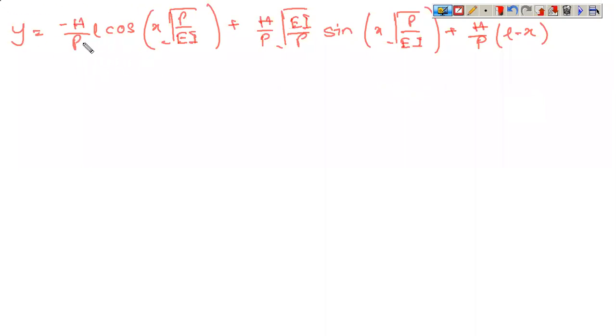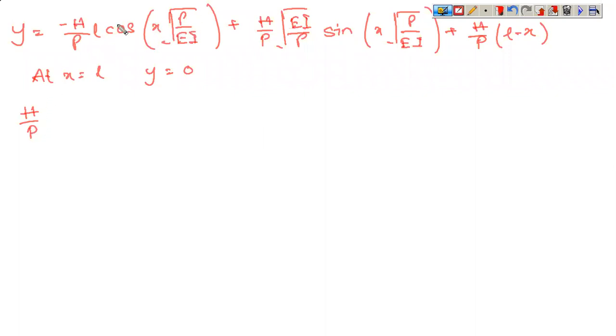You know the value of C1, you know the value of C2, and you have this final equation in this form. So the next boundary condition is at x is equal to L, you again have y is equal to 0. If you put this boundary condition, this term vanishes and will no longer exist.